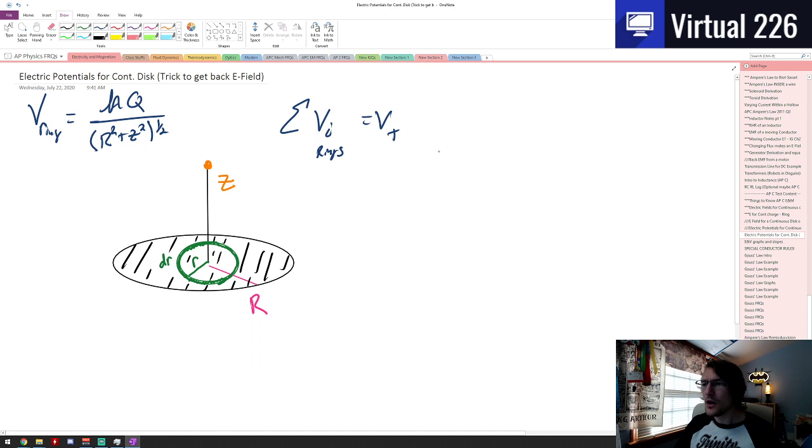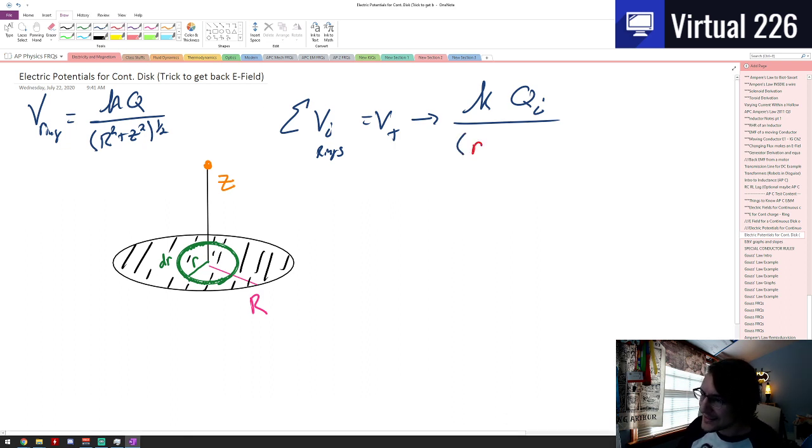So if I take k, Coulomb's constant, 1/4 pi epsilon naught, multiplied by the charge of an individual ring divided by, and this is a little bit different, not big R squared but little r squared, because that's an individual ring's position, plus z squared, to the 1/2, and sum all of those up together, then I'll be set. If I can just sum all of the rings, I'll be good.